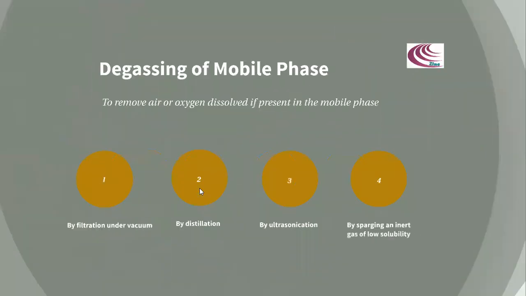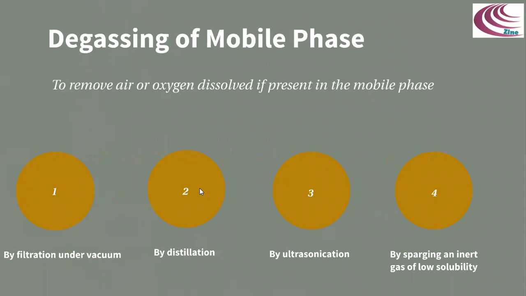Then another important part during processing is the degassing of the mobile phase. Degassing of these solvents should be done so as to remove air or oxygen dissolved in them, which if present in the mobile phase can rupture the packing of the column or can produce unwanted peaks in the chromatogram.